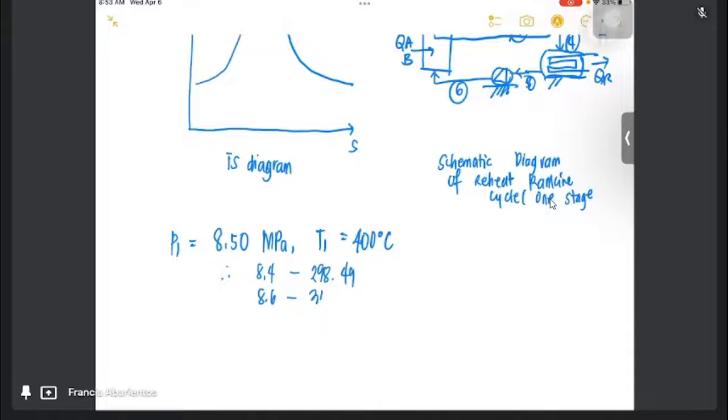So, automatically class, di naman nagre-range, mas mataas pa rin yung given temperature. So, your T1 is greater than the saturated temperature at the given pressure at point 1, automatically superheated vapor. So, saan tayo pupunta?